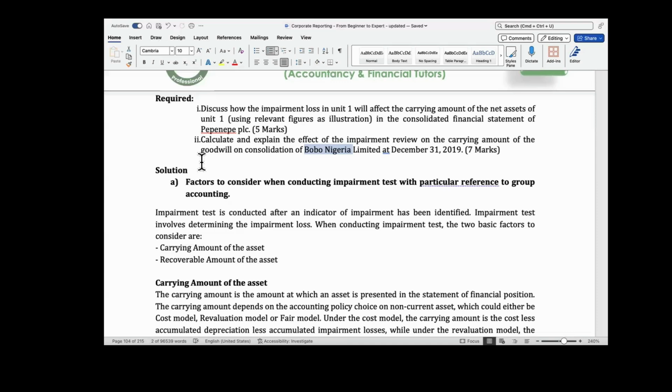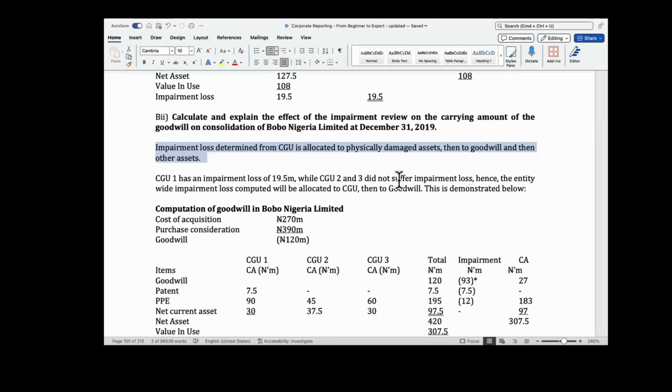And I told them that CGU 1, which we did before, had an impairment loss of 19.5 already. CGU 2 and 3 haven't suffered impairment loss. But as far as CGU 1 is concerned, from solution 1, we know that there is a 19.5 million impairment loss on that.